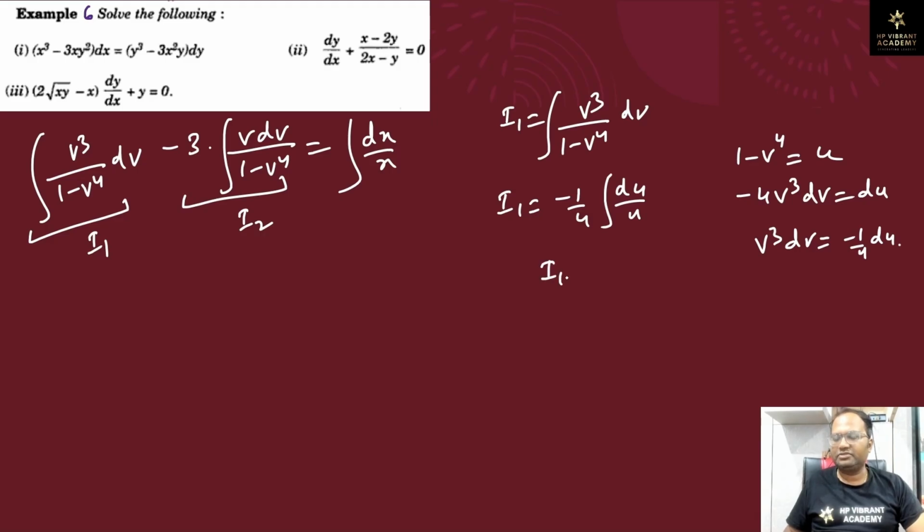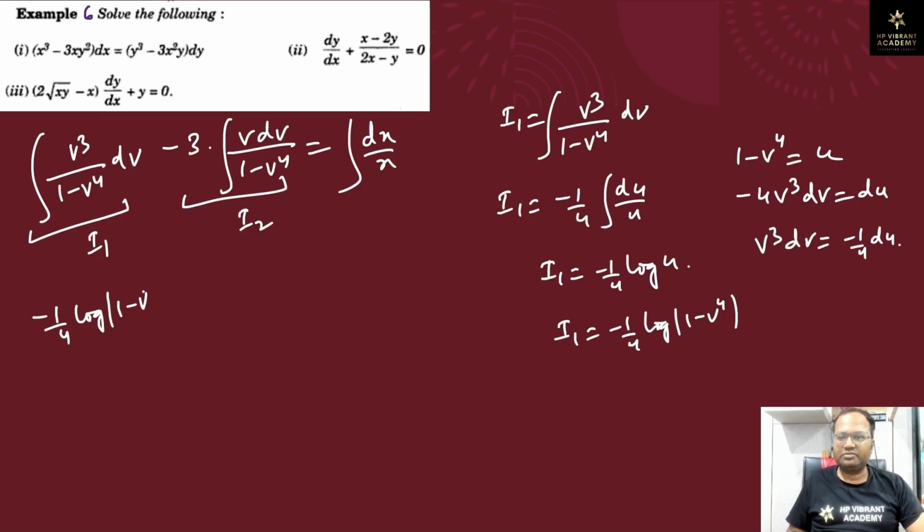So I1 is equal to minus 1 by 4 log of u, which is minus 1 by 4 log of (1 minus v to the power 4). Then plus I2 is equal to log of x plus log of c.